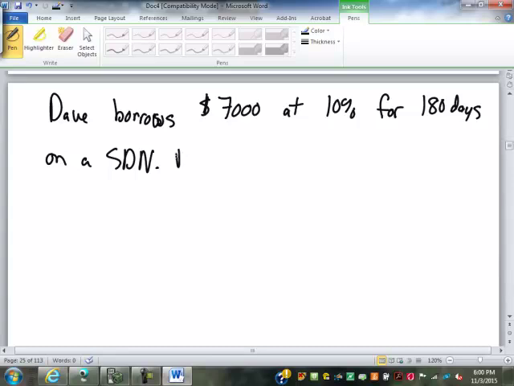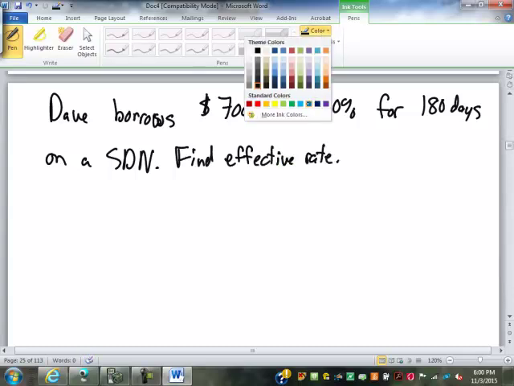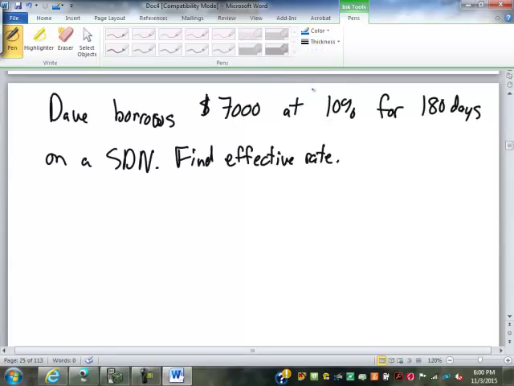Once again, actually we're just going to look for finding the effective rate. So to find the effective rate, of course, we do have to find the discount and the proceeds. So let's find the discount.